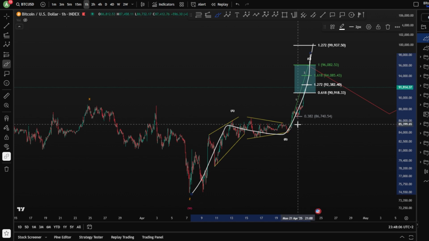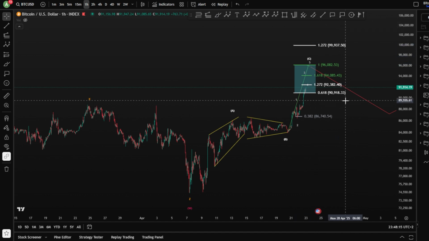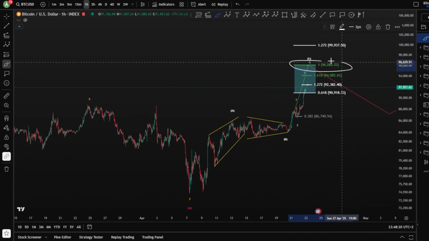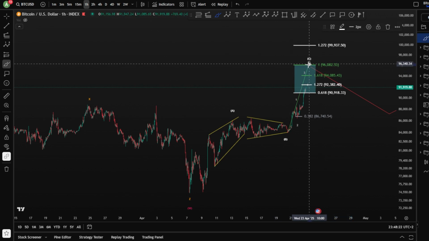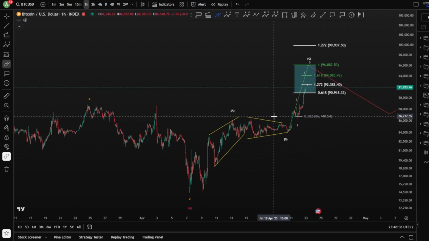Of course, still a potential, because a wave C in a zigzag can be an overshooting wave until 1.618 even. It is very possible. However, until we reach the 1-to-1 fib level and it is retested, we might definitely have a reaction here. It might be three waves down, or it might be an impulse. So we're gonna see what's gonna unfold for us. Let's stay tuned and watch those levels for Bitcoin.